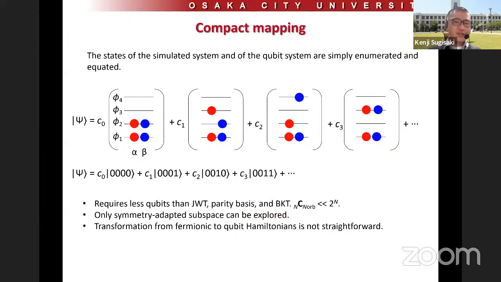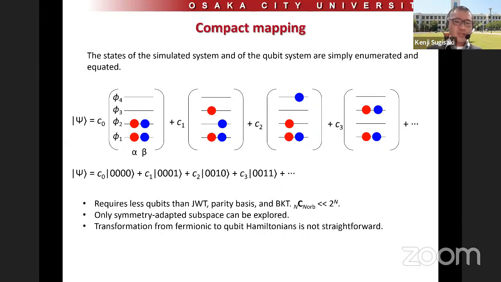Let us think about a noisy quantum computer. If we apply a Jordan-Wigner transformation, and unfortunately the quantum computer is very noisy, a bit flip occurs. If a bit flip occurs, it will change the quantum state from 0 to 1 or 1 to 0.